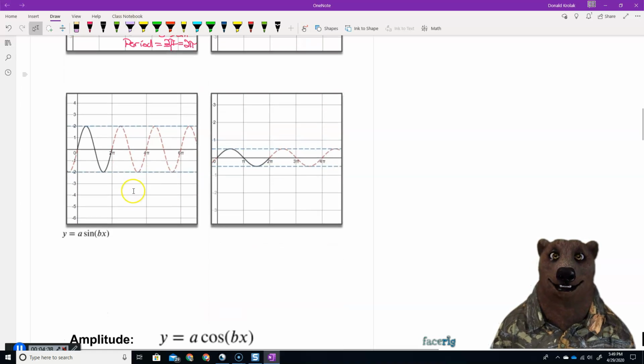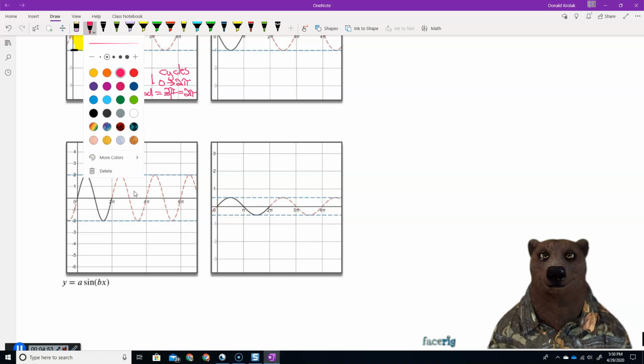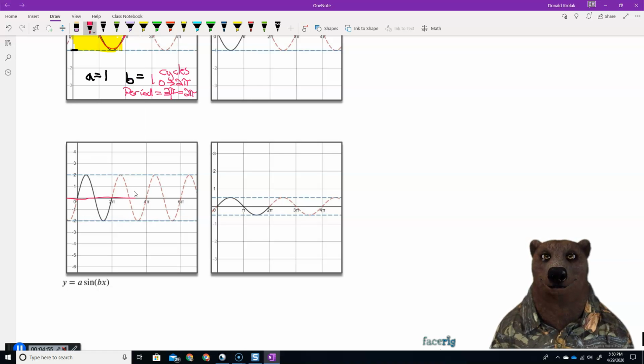Now let's take a look at this one here. Looking at this, let's see what we got. Our midline is y equals 0. So I can see that this is the A value. It goes 2 up, 2 down. So A is going to be equal to 2.